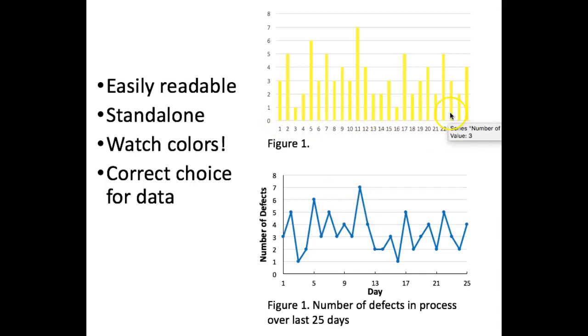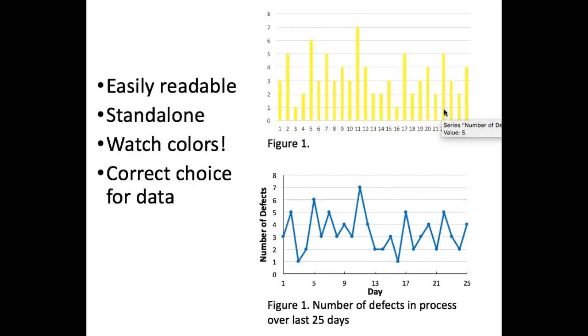Here we've got a bar chart, and that's okay. But it's not as good as this line chart because the line chart allows you to see trends a lot better than these bars. There's a lot of little tiny bars. There's no reason for them to be bars. They're much better as points. So this run chart down here is better than a bar chart up here.